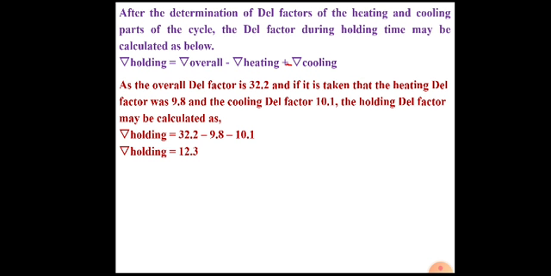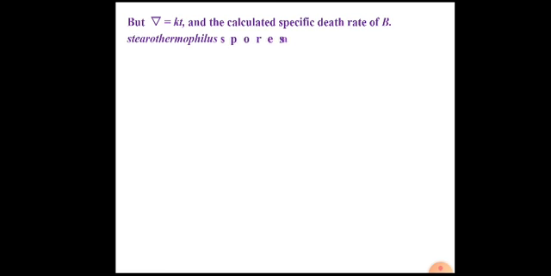Then we can calculate Del holding equals 32.2 minus 9.8 minus 10.1. Here it is written correctly. It has to be minus Del cooling. So finally Del holding will be 12.3.